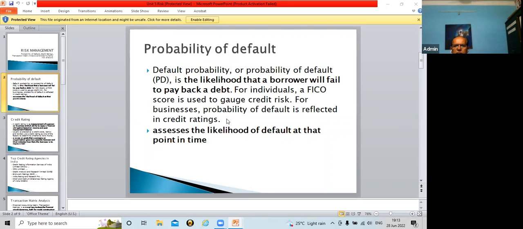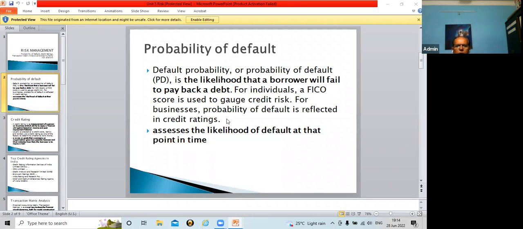For businesses, probability of default is reflected in credit ratings. And in case of business, if you are giving a loan for business purpose, that is reflected in credit ratings. Now the next line, assess the likelihood of default at that point in time.